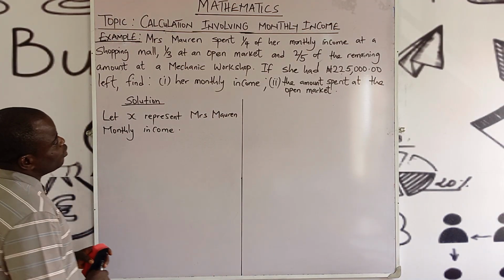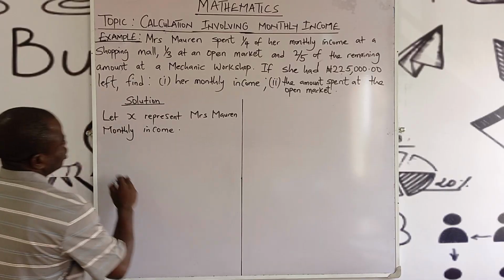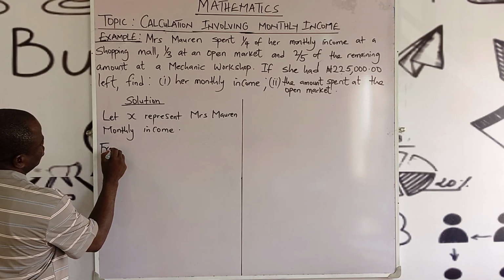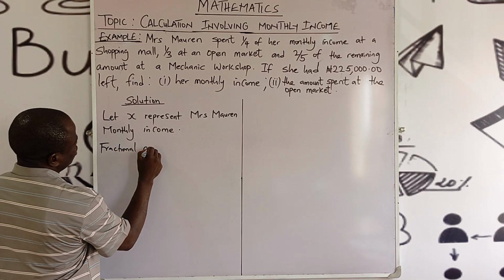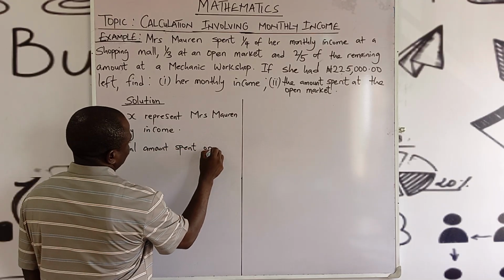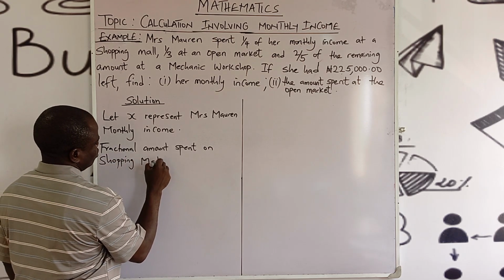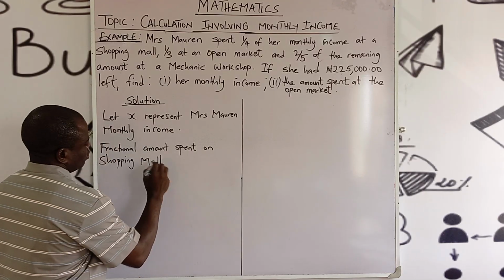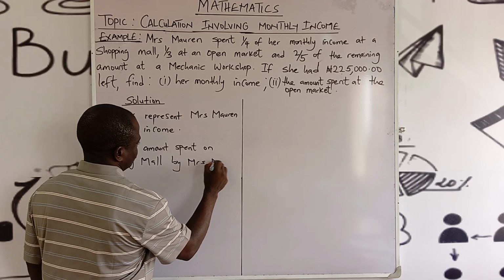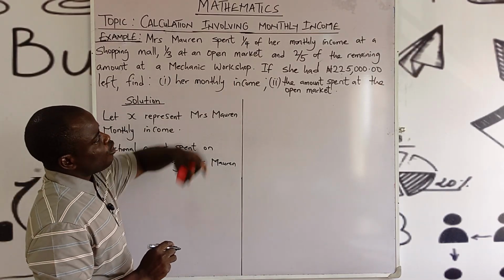Mrs. Moraine spent 1 over 4 of her monthly income at a shopping mall. Let's say the fractional amount spent on the shopping mall by Mrs. Moraine equals 1 over 4 of her monthly income.